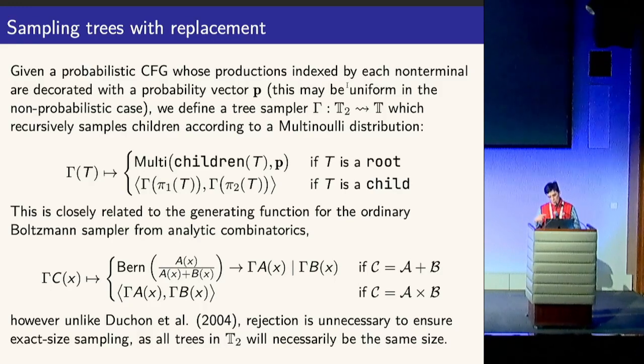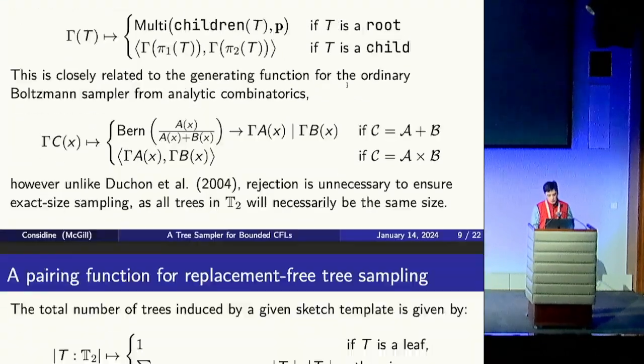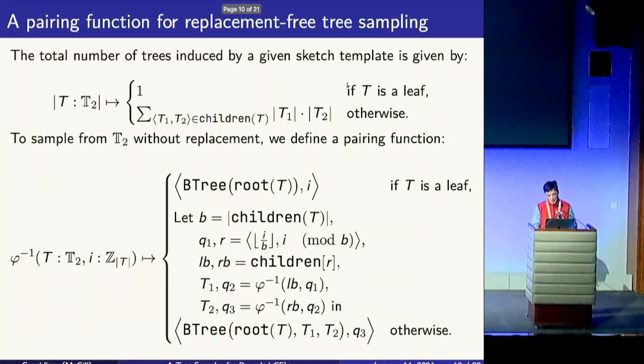You can do this with replacement, or if you want distinct solutions, which we do, then this method is not as efficient because it will encounter the same tree over and over before it saturates the entire admissible set. And so what you can do is to map this onto integers from a bounded range.